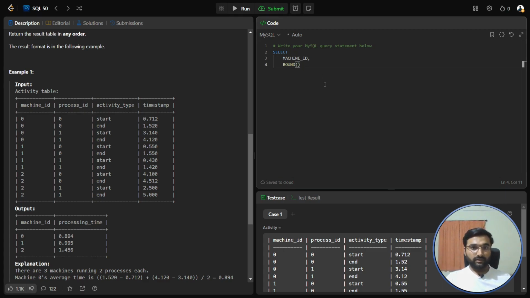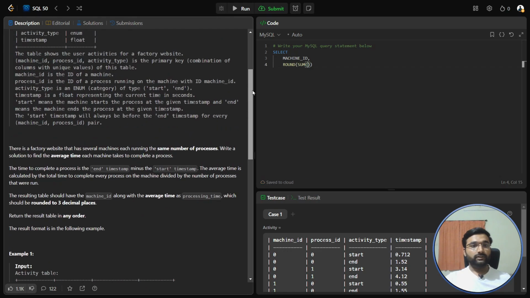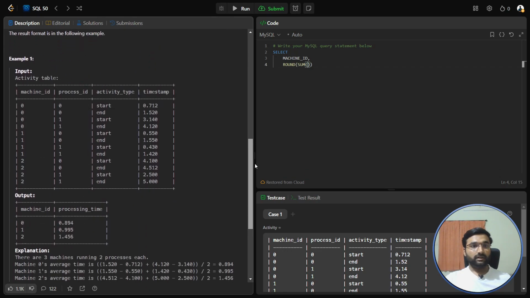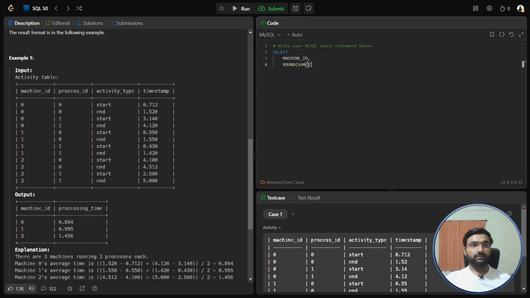Round, so I need sum of a2.timestamp minus a1.timestamp, and this will be divided by the count of this, comma.